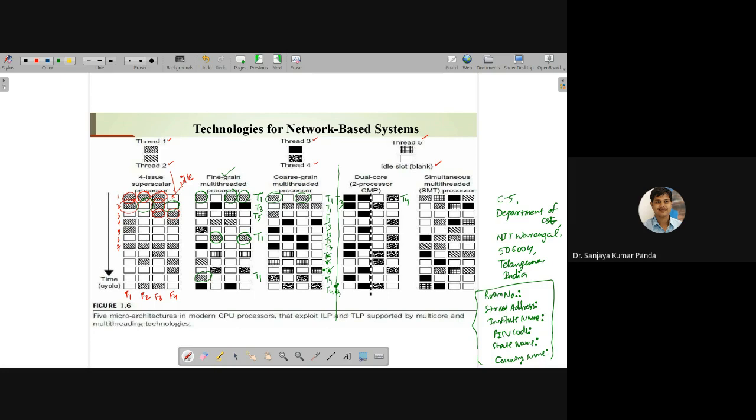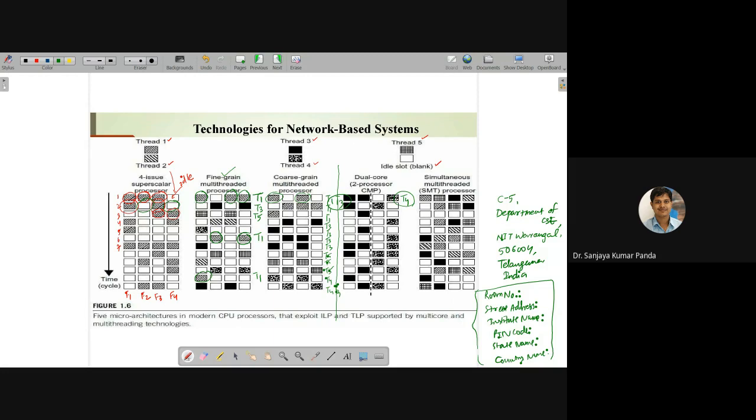This is the first architecture, dual core, or 2 processor chip multiprocessor, called CMP, which lets us execute multiple threads in a single clock cycle. You can see T3 and T4 are 2 different threads executed in the same clock cycle. That is the advantage of a dual core processor.